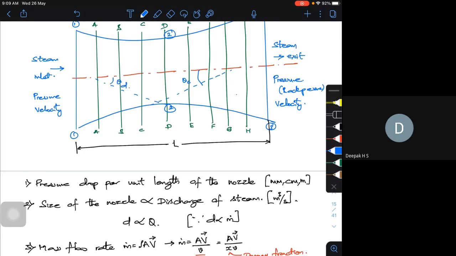A few books go with alpha notation and a few books go with theta notation. So till the throat, this becomes my converging length, and this becomes my diverging length.